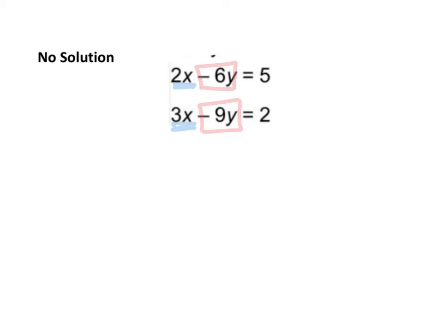My brain thinks I'm going to go with the smaller numbers, and hopefully yours does too. I always pick the smaller numbers, so I'm going to choose to get rid of the x. How am I going to get rid of the x? Because one has a 3 and one has a 2.